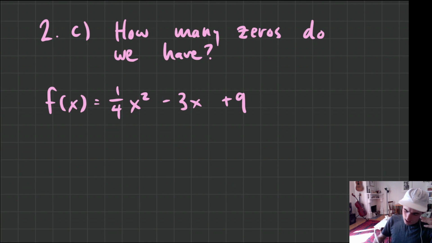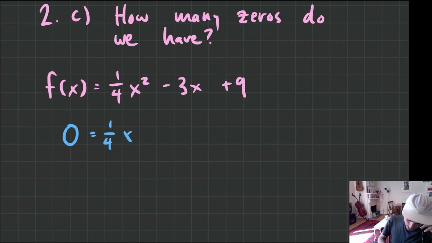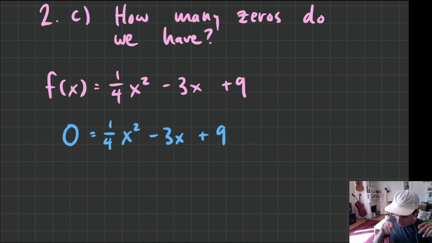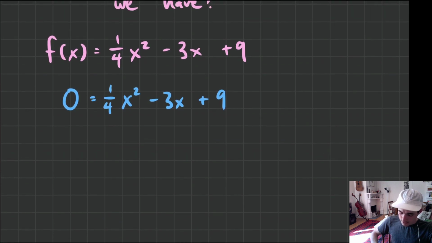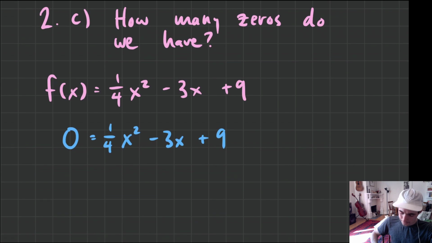If we want to talk about zeros, we're saying, when is f of x equal to 0? So no matter what we get, we'll have 0 equals 1/4 x squared minus 3x plus 9. Our discriminant is still going to be the same thing, and it's still going to tell us the same information. It's just phrased in a different way.